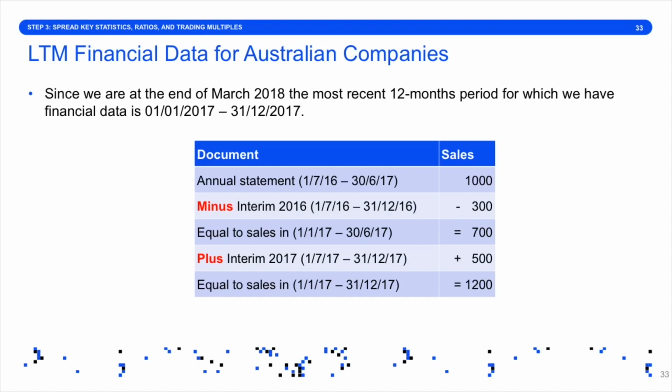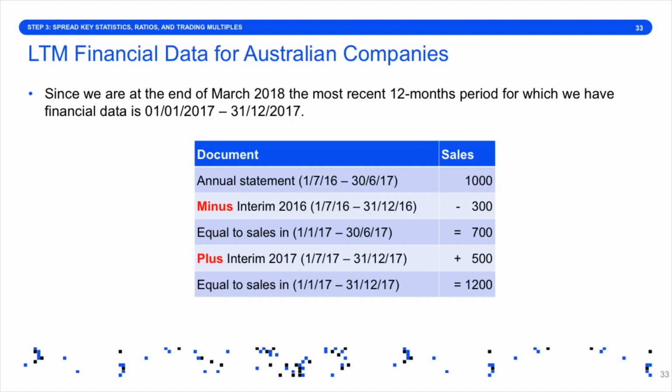Then I add the sales from July to December 2017, and I get 1,200. These are the sales in the last 12 months. Last 12 months is from January to December 2017.